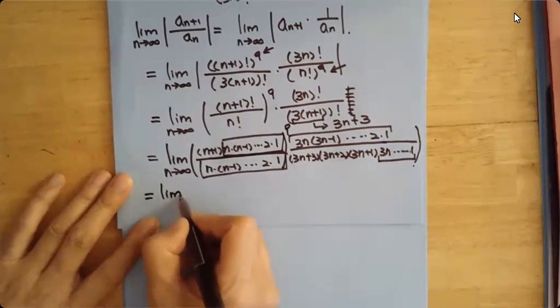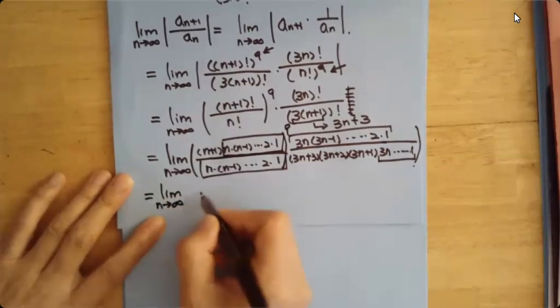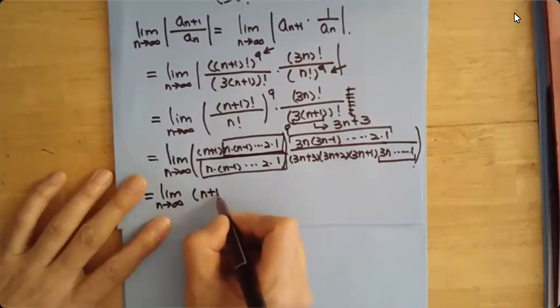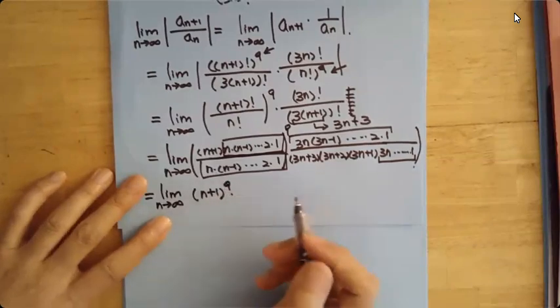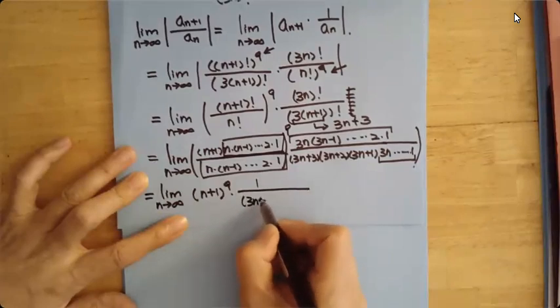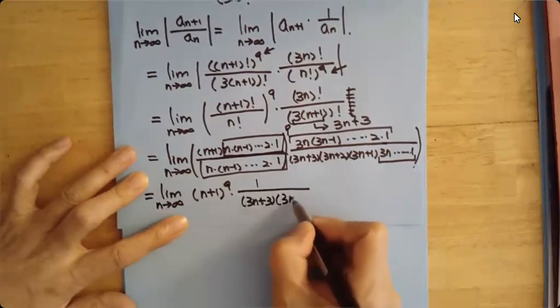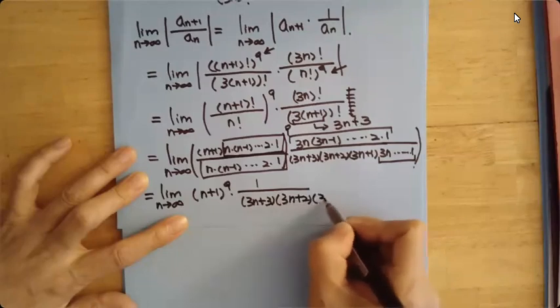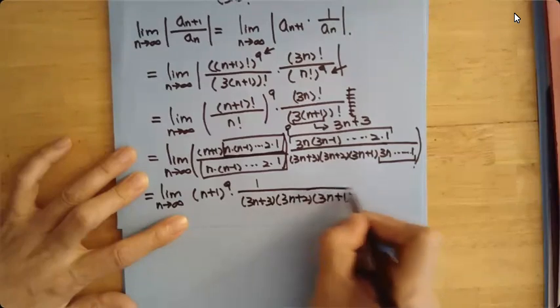So it becomes limit n goes to infinity, (n plus 1) to the 9th power times 1 over (3n plus 3) times (3n plus 2) times (3n plus 1).